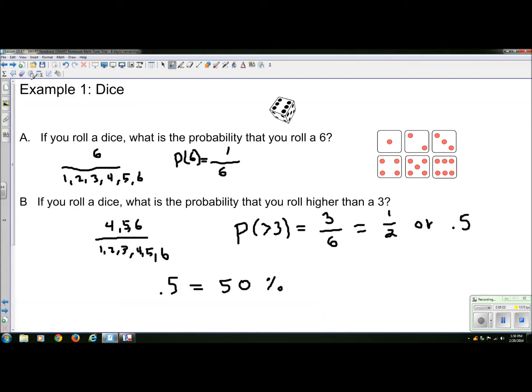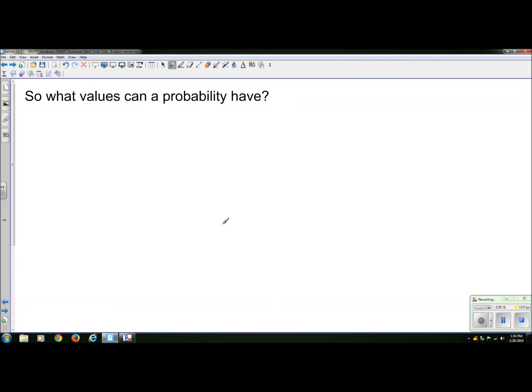Now, I'd like to just say that probability is not usually defined as a percentage. It's defined as either a fraction or a decimal. But I'll forgive you if you use percentages when you're talking about probability. That's okay. So what values can a probability actually have? Let's think about this a little bit.